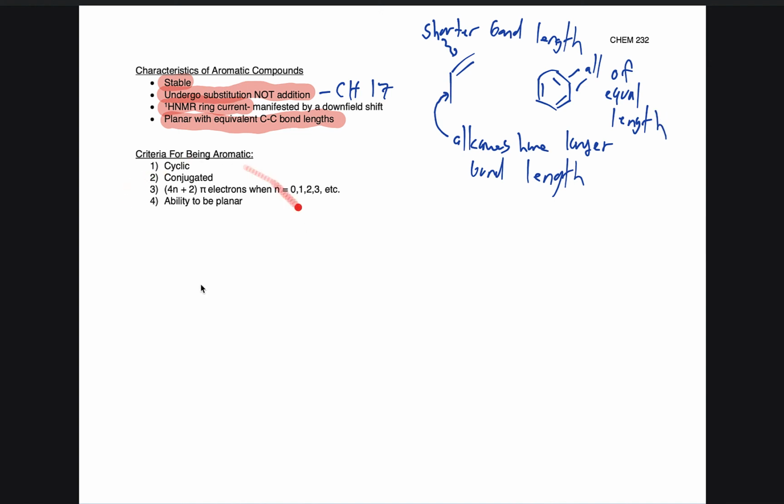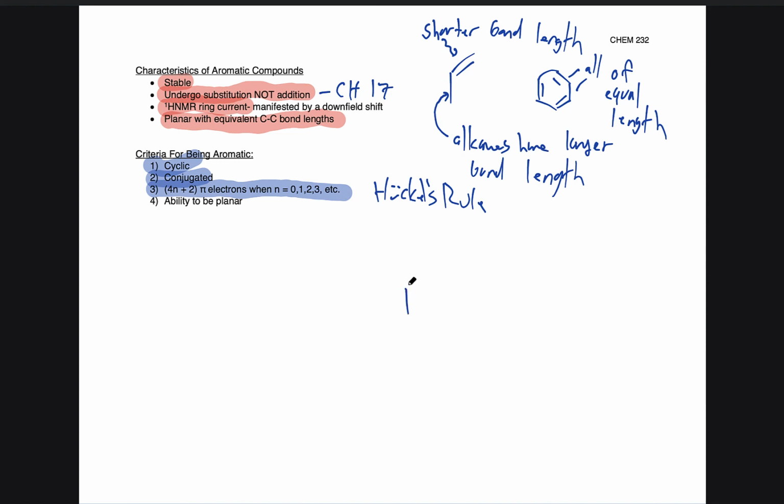And for the criteria for being aromatic, we have the following rules here. So these are characteristics. What do we need in order for them to be aromatic? They have to be cyclic. That's a big rule. They have to be conjugated, all those double bonds have to be in a row. They have to have something called 4n plus 2 electrons, which is Huckel's rule, where n is any integer.